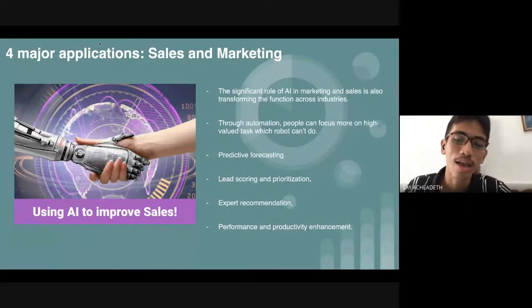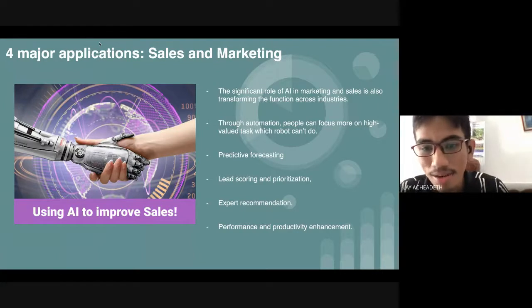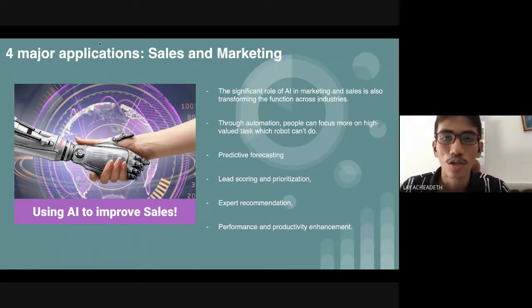And then we have lead scoring and prioritization. Humans work really well, but not 100%. AI works in a way that instead of giving one direct answer, like if you see an image of an apple, it won't just assume that it's an apple. It will have multiple options, like 65% this is an apple, 25% this is a pear, 10% this is a guava.